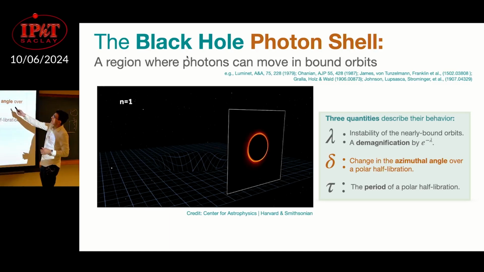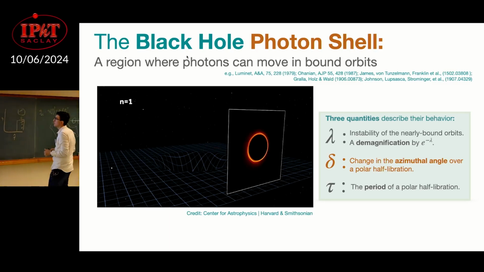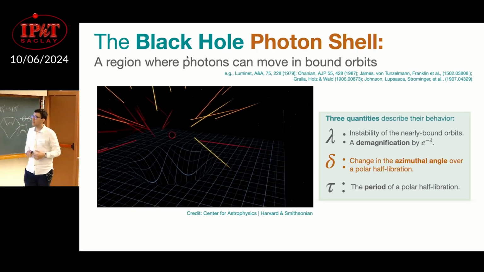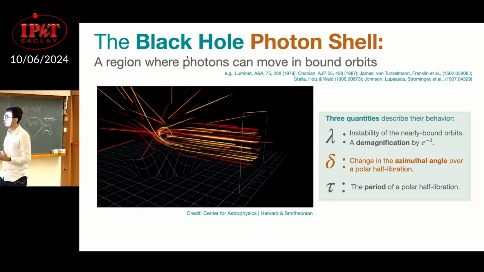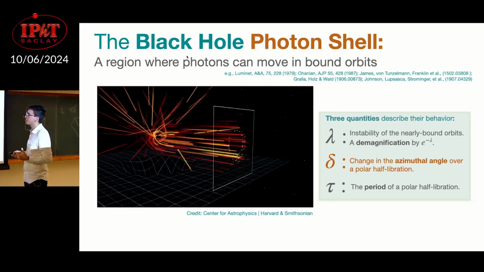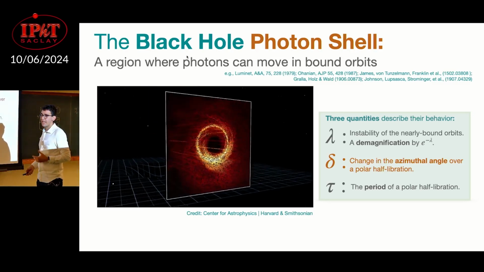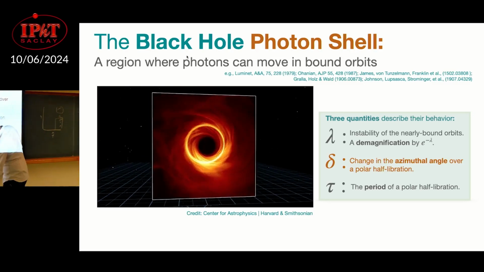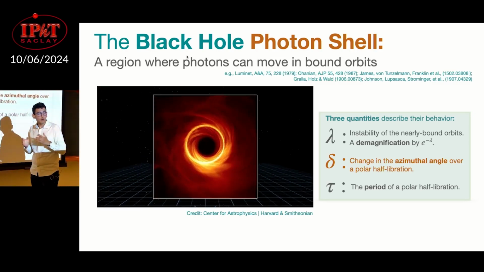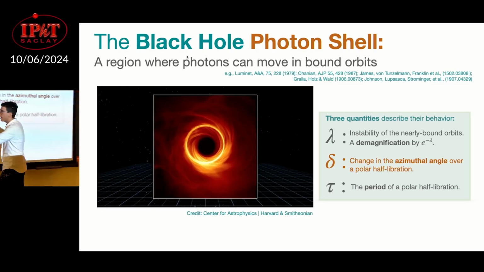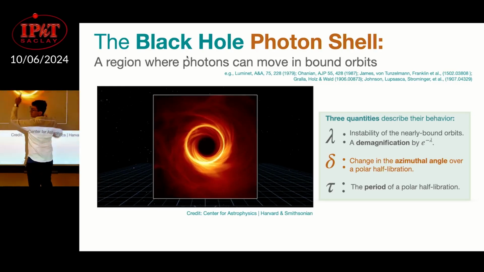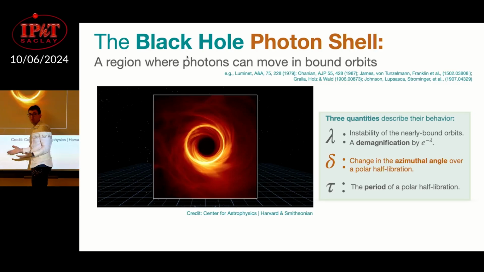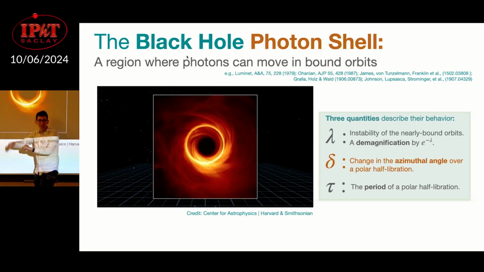Now, these depend on the spin, as I was mentioning. This one depends mostly on the mass. So the image that we hopefully will observe, if we have a perfect telescope, will look something like this. And in this context, what Daniel was alluding to this morning as the critical curve or the black hole shadow, in this language is n=infinity. In principle, it's a theoretical curve that we do not observe because by definition these are photons that stay there forever and ever.